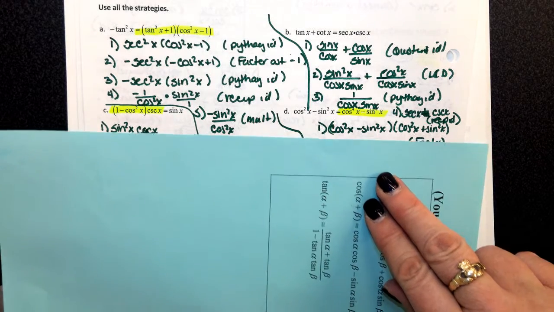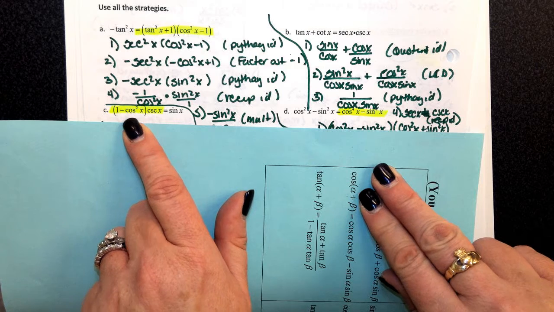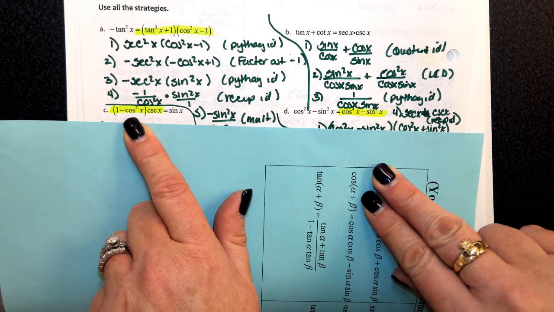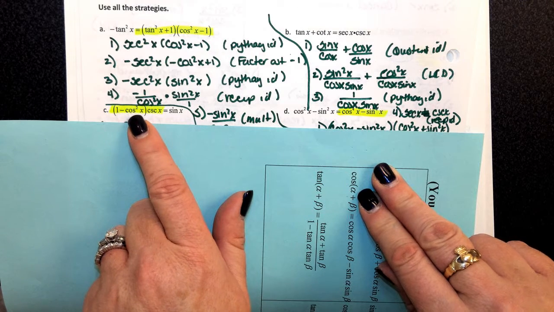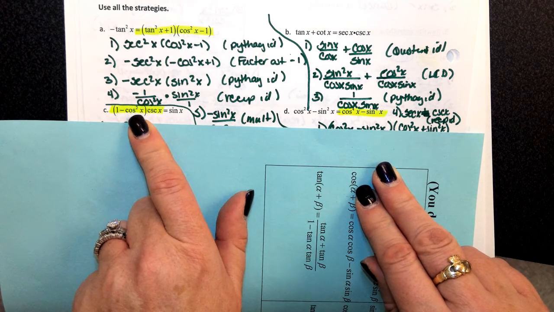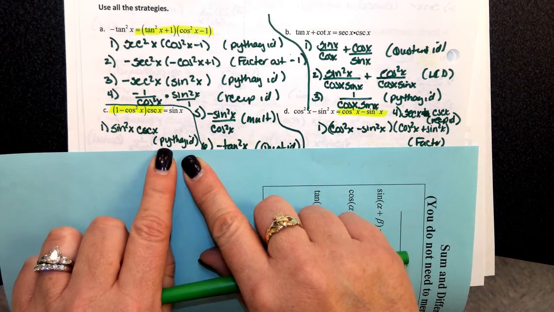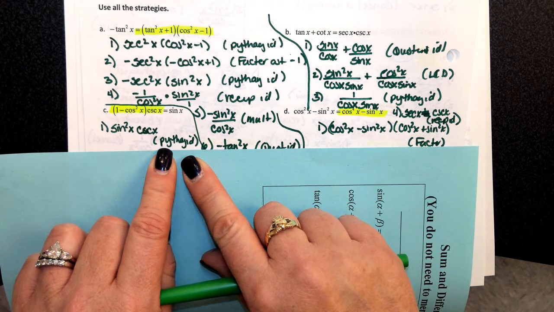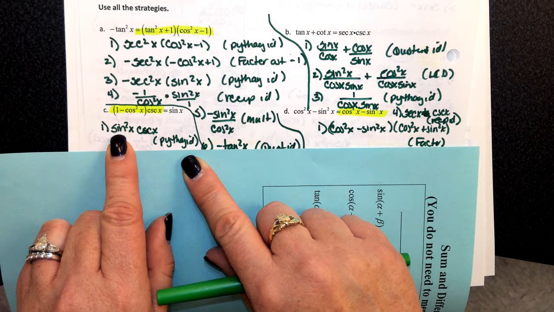Let's jump down to C. So obviously the left-hand side is more complicated. Remember, pick the more complicated side and stick with that. Again, a 1 and a trig function squared, go to those Pythagorean identities. So that's going to give you a sine squared times your cosecant. That's your Pythagorean identity. Now remember, the relationship between cosecant and sine is that they're reciprocals of one another.